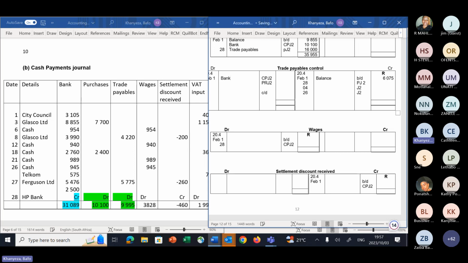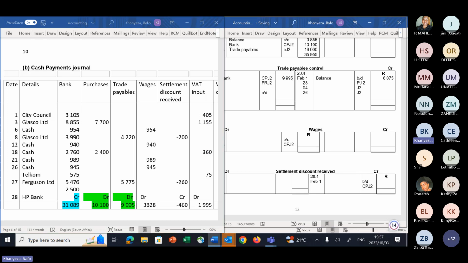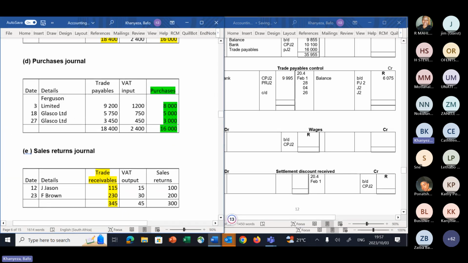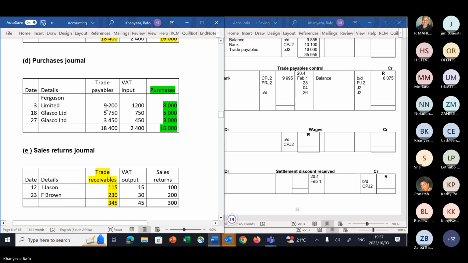You'll see in your study material, it's written a lot: it's bank, it's settlement. I can't write everything, but the short way of writing it is this. 9,995. And then we continue to see where else we also have trade payables.